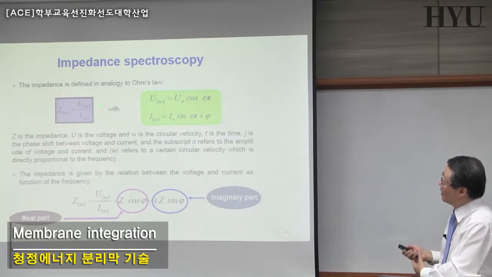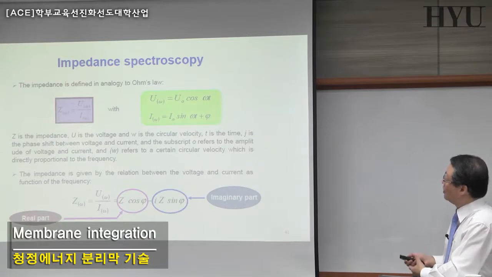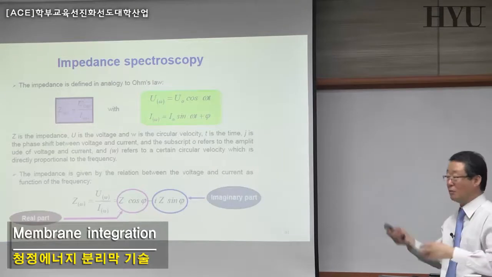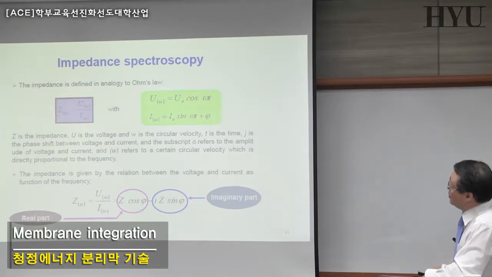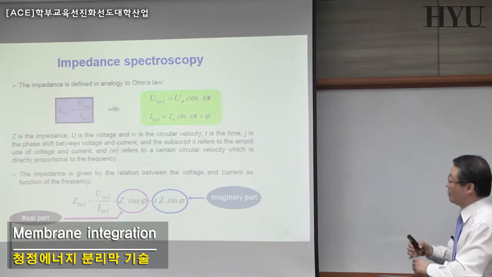And U is again the voltage, and I is the current, so the resistance or impedance is a function of the voltage divided by the current. And U and I are expressed by sinusoidal or cosine curves. Here, omega again is a frequency, and phi in this case is an angle.